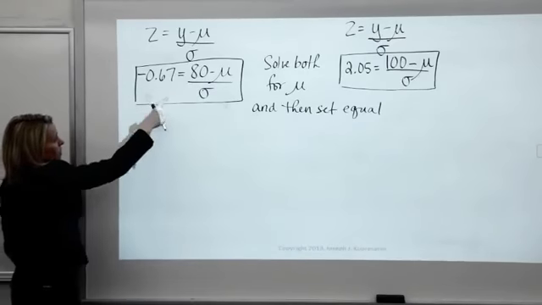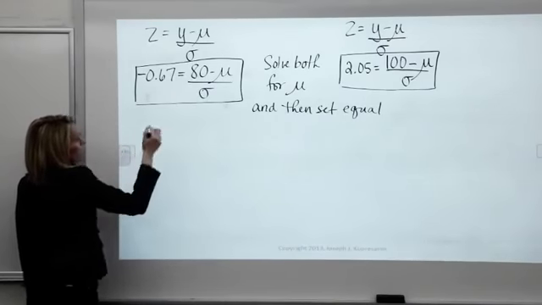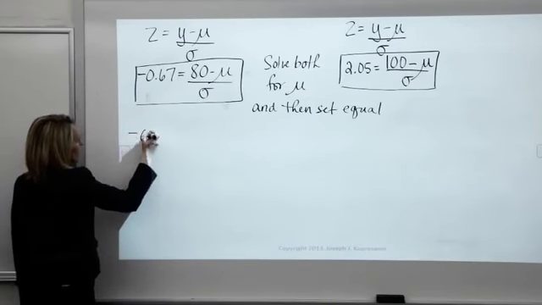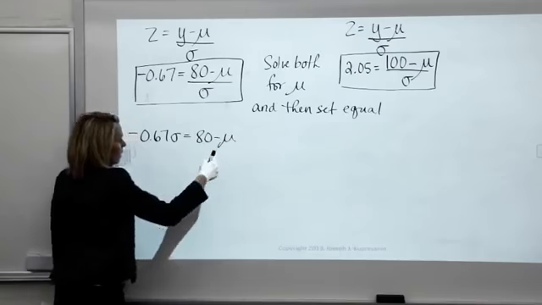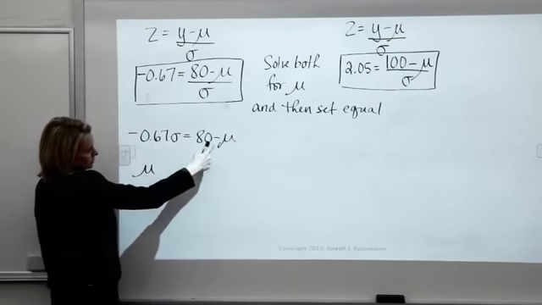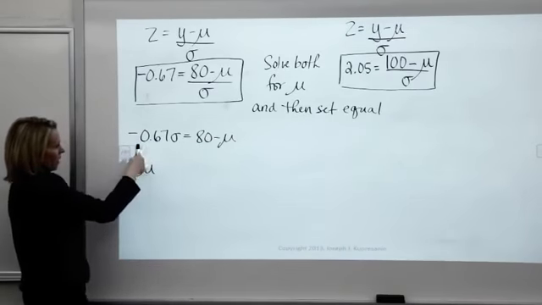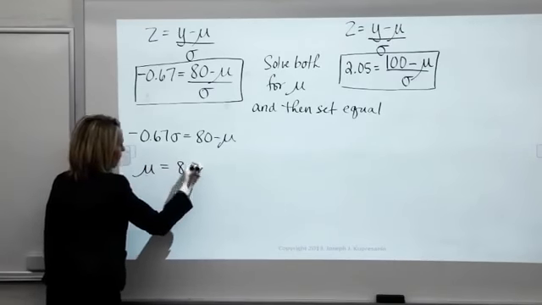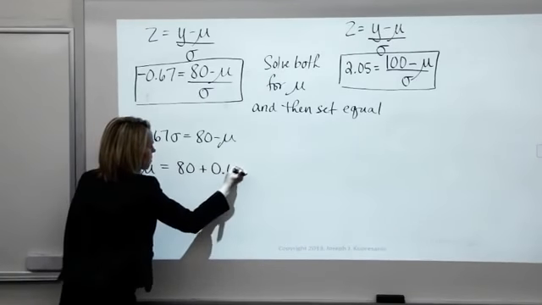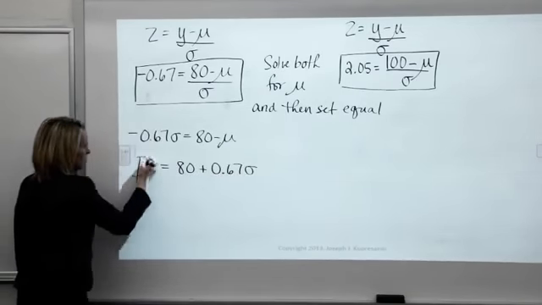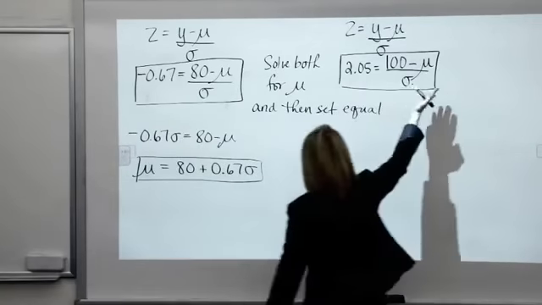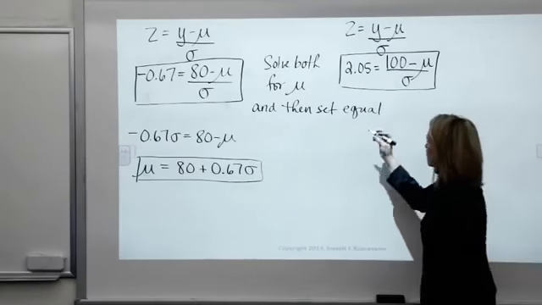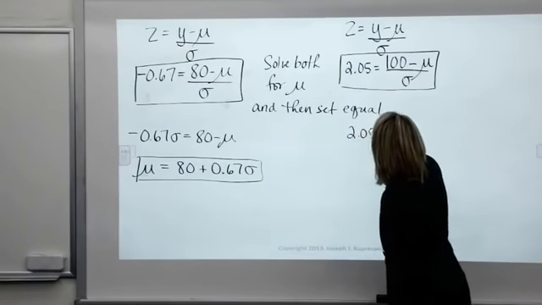All right, so if you take this equation, solve for mu, multiply both sides by sigma. I'm going to add mu to both sides because it's negative, and I'll add this to both sides. That's the equation solved for mu. I'll do the same kind of thing over here. Multiply both sides by sigma.